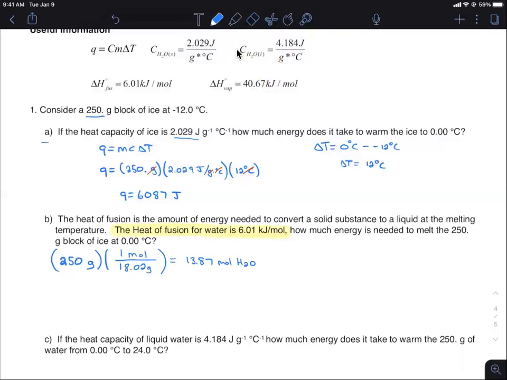But we have 13.87 moles of water, so we're going to take that 13.87 moles and multiply it by 6.01 kilojoules, the amount of energy for every 1 mole.